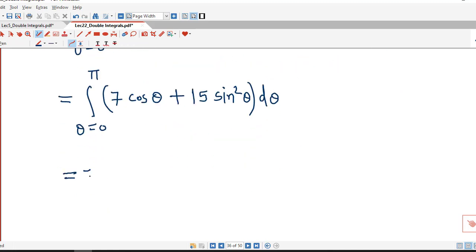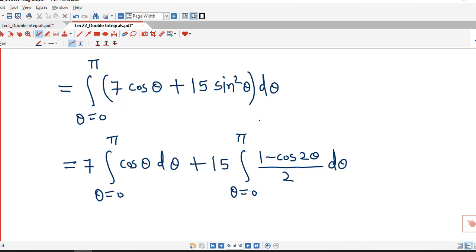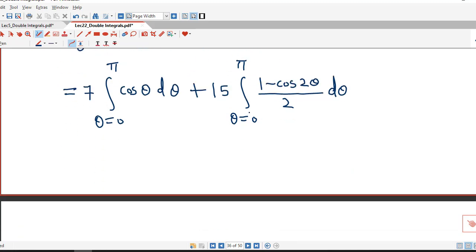So this we can again rewrite as 7 times the integral from 0 to pi of cos theta d theta, plus 15 times the integral from theta equal to 0 to pi, and we replace sin squared theta by (1 minus cos 2 theta) divided by 2. We know that sin squared theta is (1 minus cos 2 theta) divided by 2.